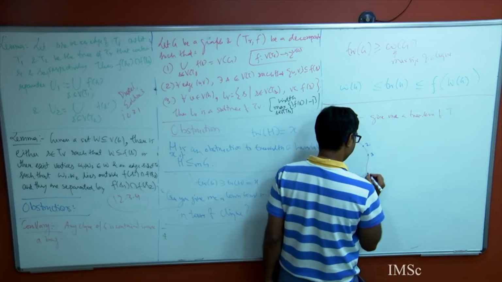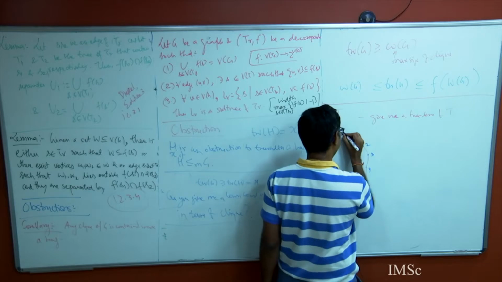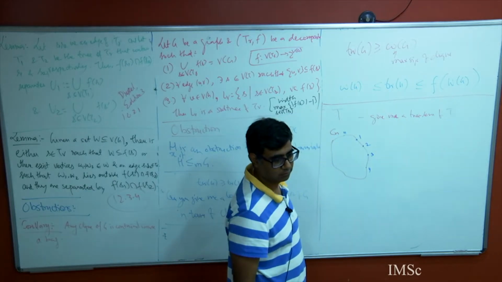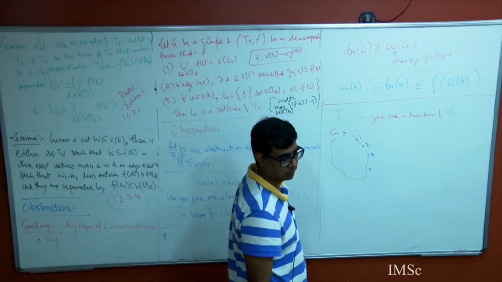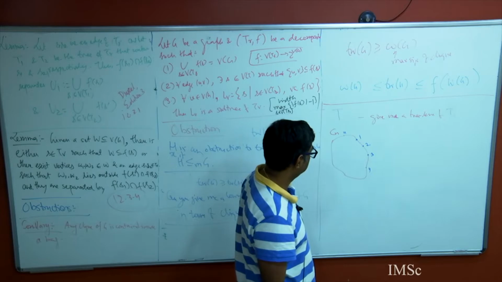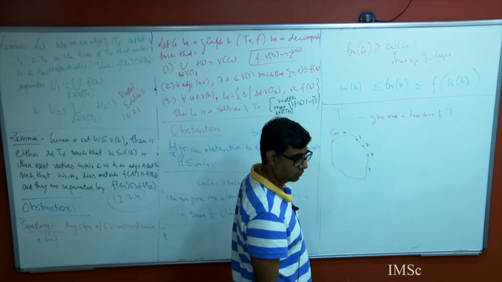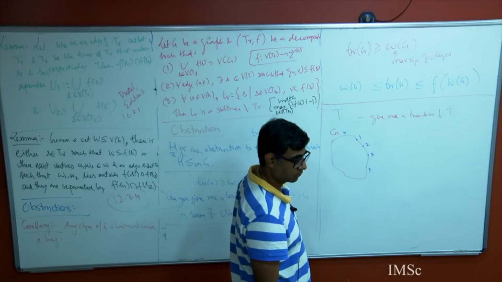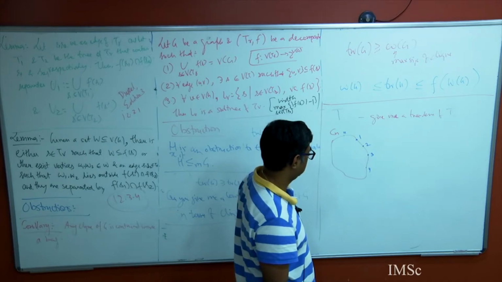Vertices 1, 2, 3, 4, up to n. So what will I do? Put a bag with vertices n, 1, 2, then repeat n in all the bags of the tree decomposition, and then put 1, 2, then 2, 3, then 3, 4, just like that.